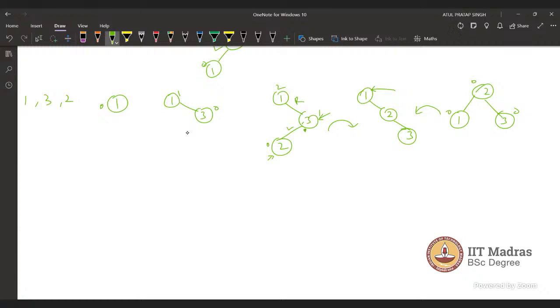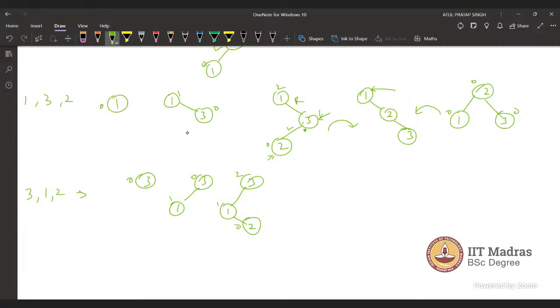For example, if we have 3, 1, and 2. This is another case. So 3, there is no issue, 0. Then 3, 1, there is no issue, 0, 1. And 3, 1, and 2: this is 0, this is 1, this is 2.